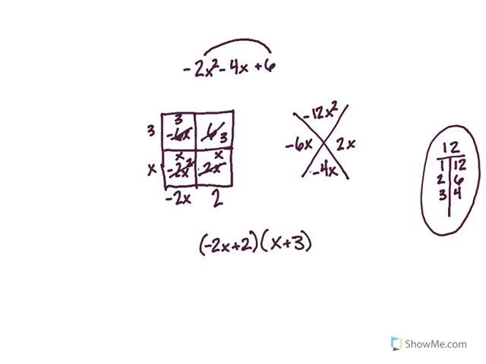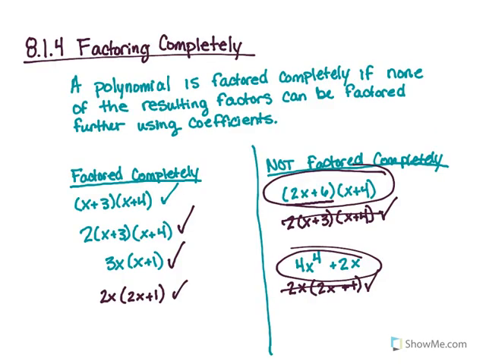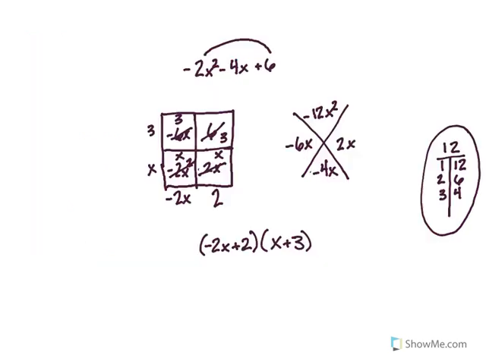and x plus 3. Now this is the part where they're talking about factoring completely. So if I go back, it says a polynomial is factored completely if none of the resulting factors can be factored further. I think there's a greatest common factor in one of these factors, and that's this first factor.